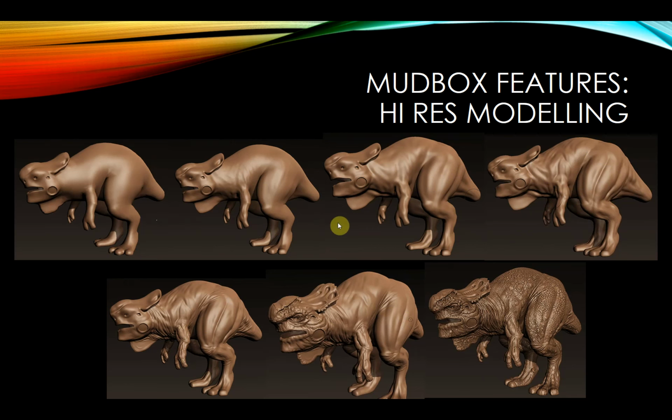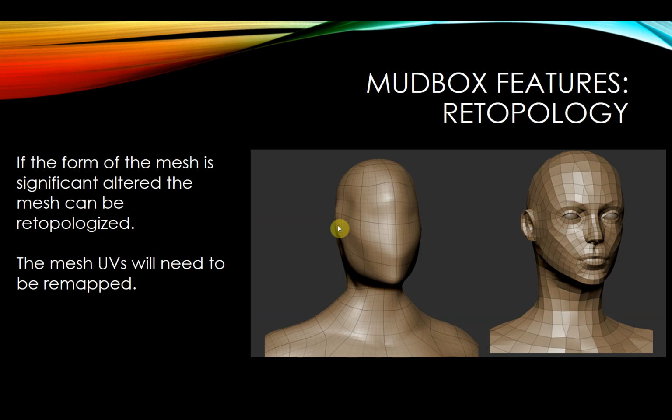The other thing I wanted to point out is that Mudbox has some retopology tools built into it. If in your sculpt you do a grab and manipulate your model quite severely, you might find that the topology isn't correct for it anymore.